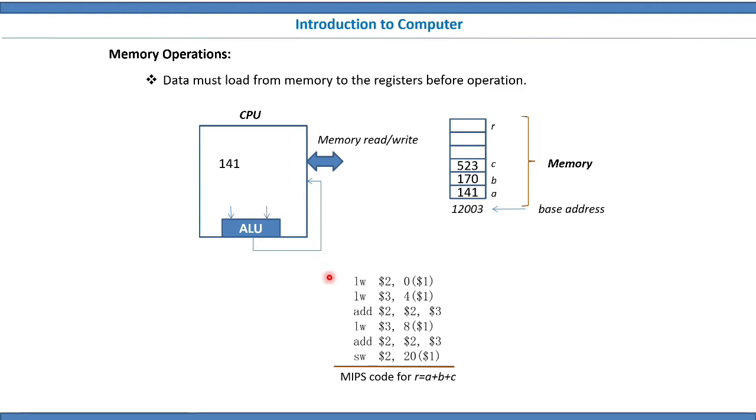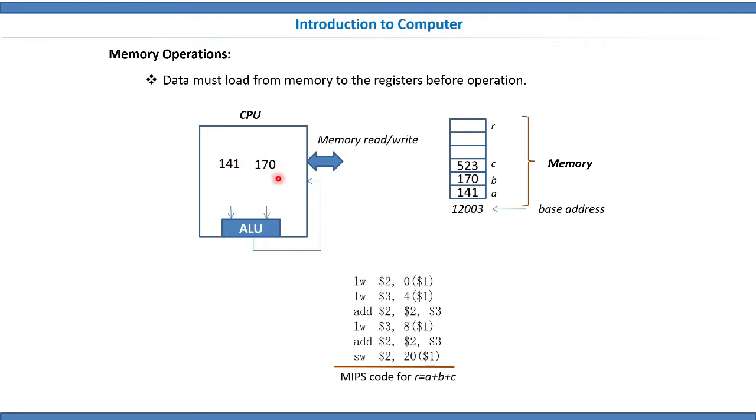Then the second instruction says load from base plus 4. Base plus 4 is this address. So load from this memory location and store it in register 2. So 170 will be stored here. And then the third instruction is an add instruction. It will add these two. Here the arithmetic logic unit will perform an operation.